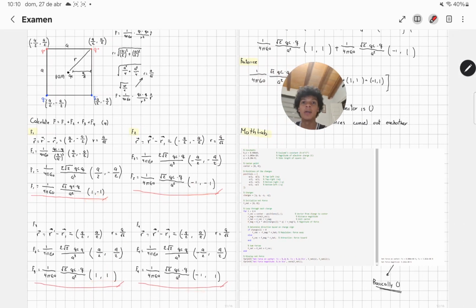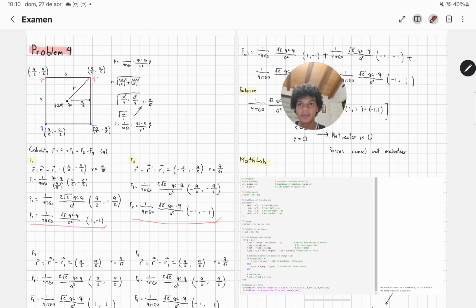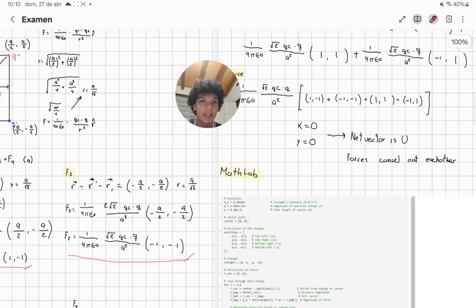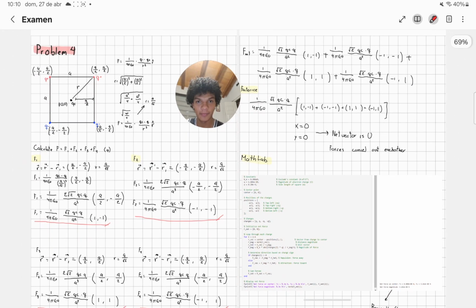Then we add them up as a resultant vector. That is just right here. And as we can see, if we sum all of the points in x and in y, we have 0, resulting in a net vector of 0. So basically, it just stays there.